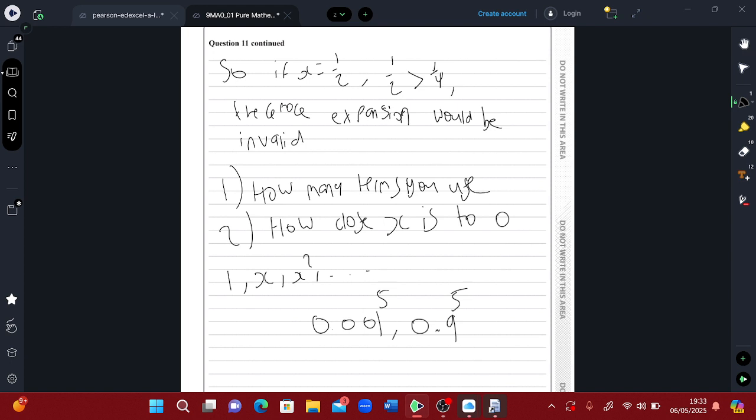Okay. So the rate of convergence when you have a higher value of x is slower than when you have a value closer to 0. So what that means is if we pick an x value for an approximation that is closer to 0, that will give a better approximation as it will converge faster.